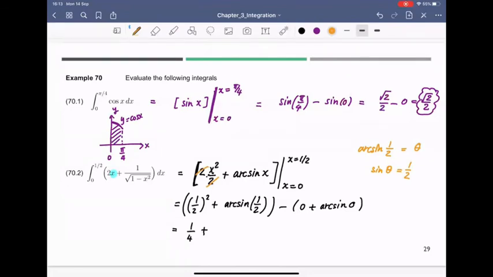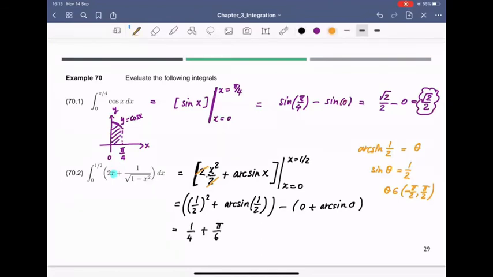So we have to pick the one in the interval from negative pi over 2 to pi over 2, right? This is the domain for the inverse sine function. So that means we have to pick pi over 6.